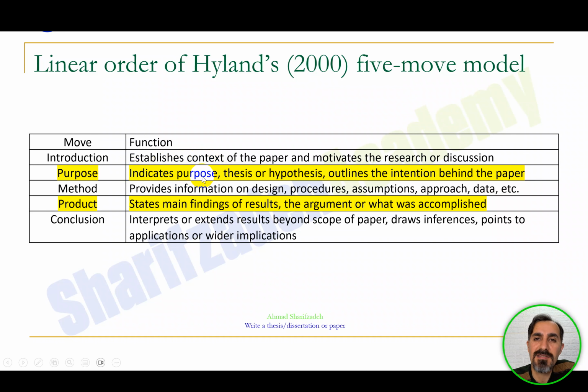In the methodology section, we have to use simple past most of the time, and passive sentences. In the product section, we can use simple present and simple past. And in the implication section, as I mentioned before, we can use simple future tense. This tense shift from one sentence to the other is normal, and it is not a problem if you change tense from the first sentence to the second to the third.